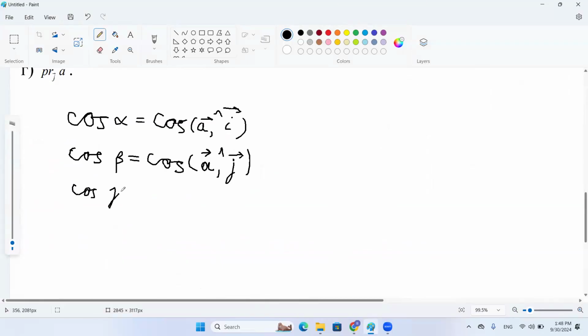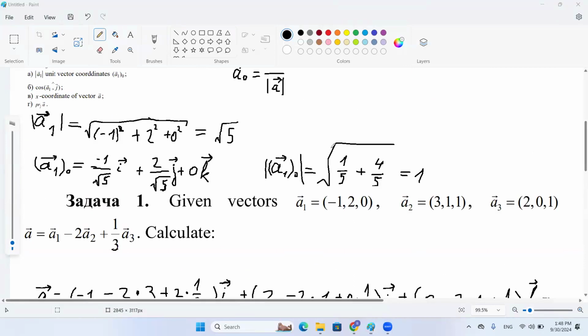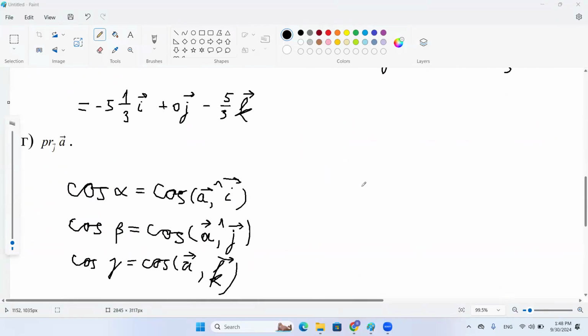And so therefore we have a coordinate. We have a property of direction cosines. It follows from the module of the unit vector. What do you remember? The rule.